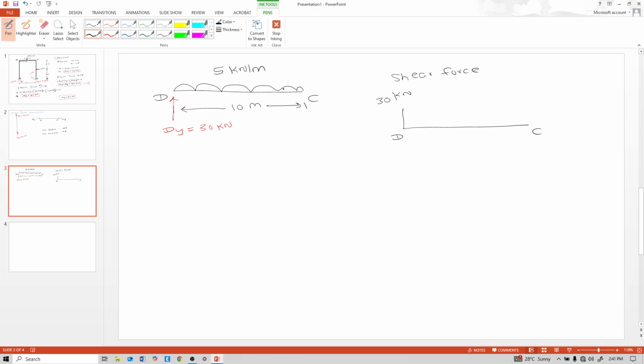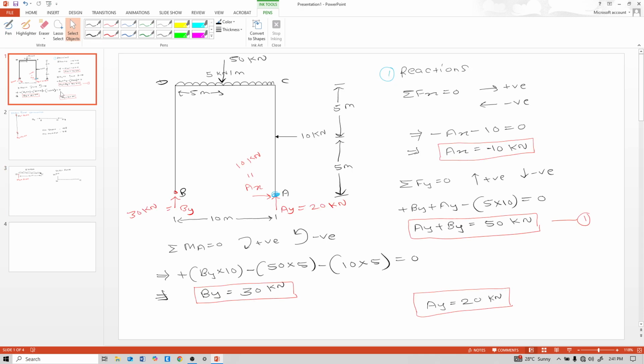And calculate the reaction at this C point. Positive goes upward, so positive 30 minus 5 into 10, that means minus 20 at this C point. And see this Ay is also 20 kilonewton.